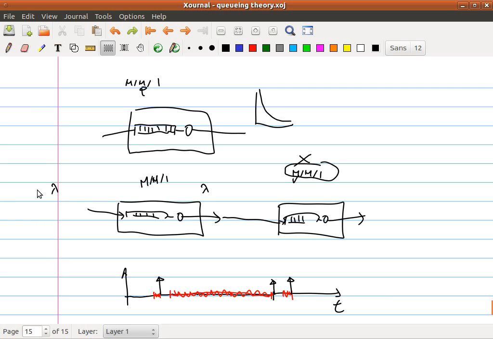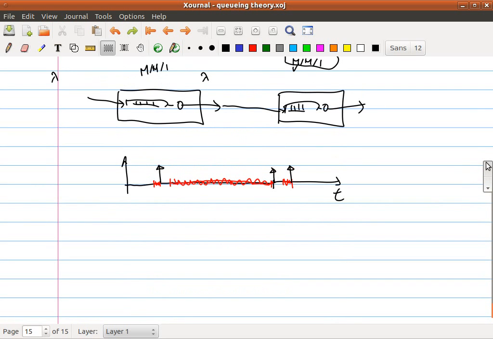And actually, there is a name for this kind of assumption, and it was introduced by Kleinrock. When you have a network of queues, and we assume all these queues are M/M/1 queuing systems, this very simple assumption is also known as the Kleinrock independence assumption.